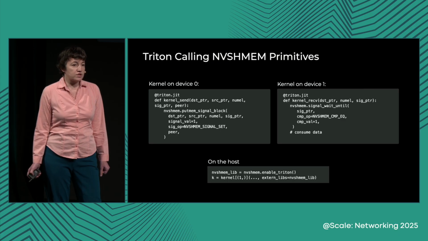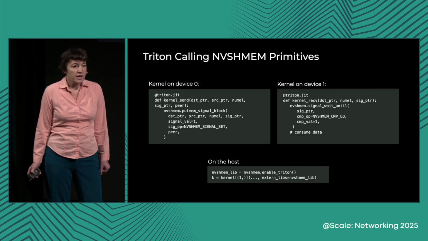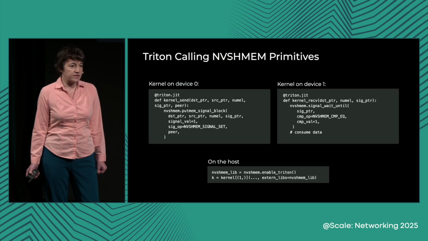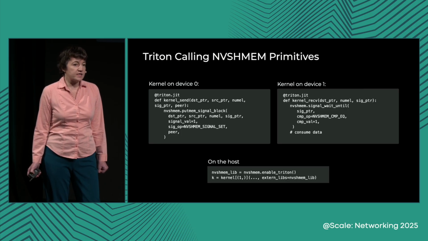And the only thing you need to do on the host to enable this is to call enable Triton so that the NVSHMEM plugin is loaded to the Triton kernels. Again, this is a pretty ergonomic scenario. There is a subtle difference from the previous Triton kernel that I have showed, in that previously we were getting as many pointers as there were ranks in our communication.